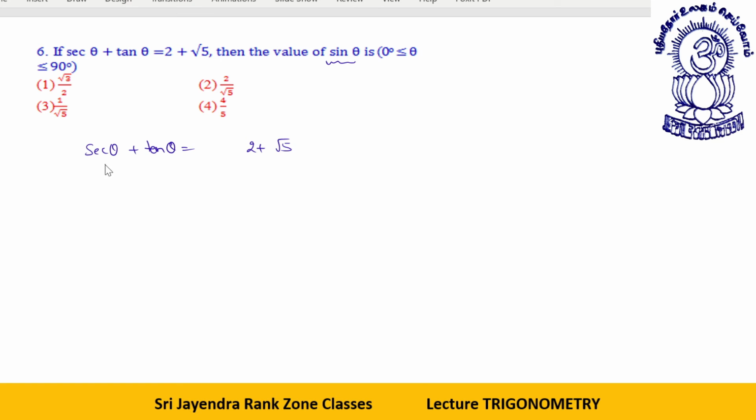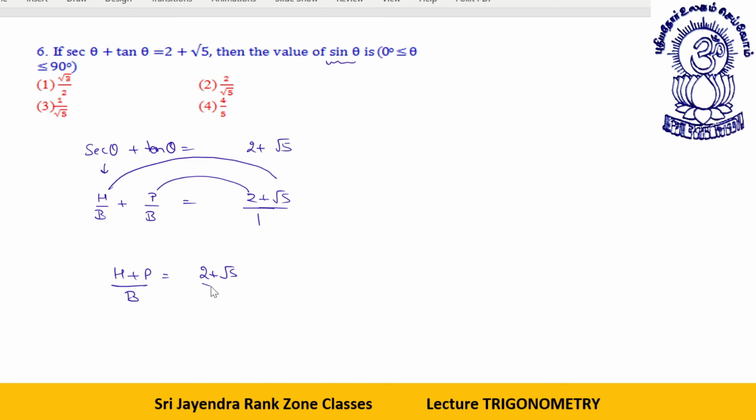Sec theta is hypotenuse by base. Tan theta is perpendicular by base. This I can read as root 5 plus 2 upon 1. Better let me write it 2 plus root 5 upon 1. This P is 2, this hypotenuse is root 5, and this B is 1. H plus P by B is equal to 2 plus root 5 by 1.